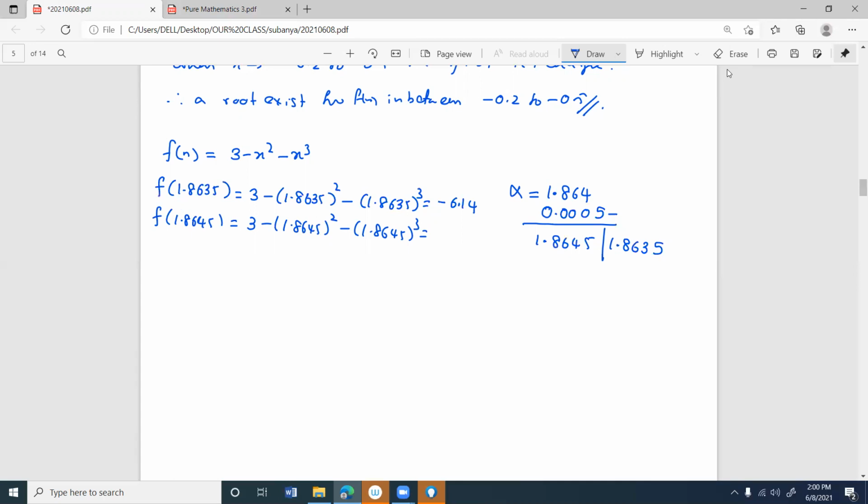sorry, I think I made a mistake for the previous answer. It should be minus 6.94, not 6.14. And for 1.8645, we get minus 6.96.